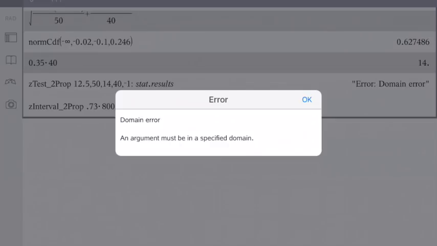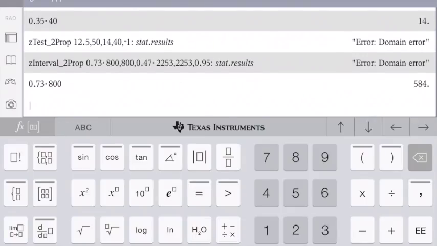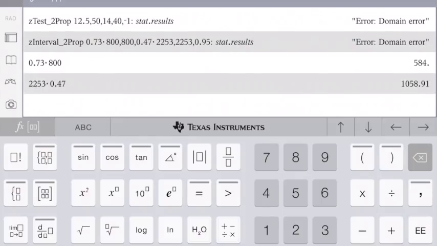So the issue is, when I'm putting these in, they need to be whole numbers. That one is fine, 584. The other one, we need to round. For this one, we could round up because it is so close. We can say 1059.